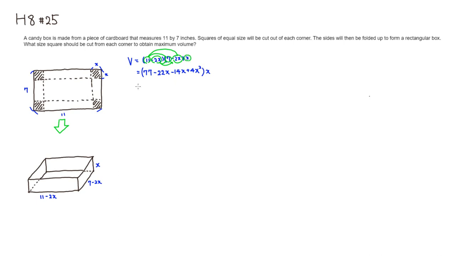Let's clean this up. We have a 4x squared times x, so I'm going to put 4x cubed. Then I distribute the x to the x terms, so this is negative 36x times x, so it's negative 36x squared.